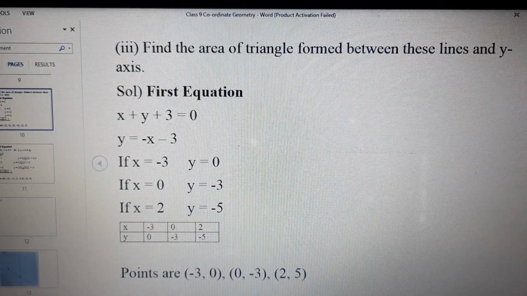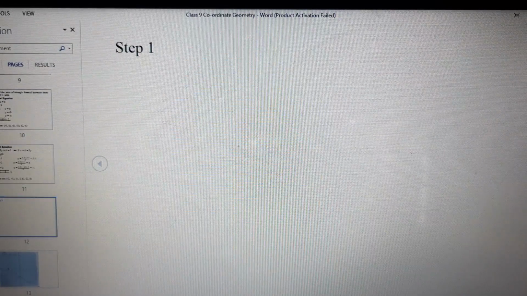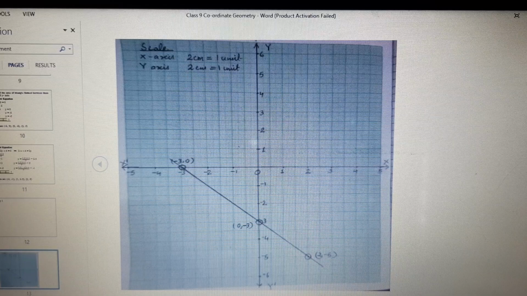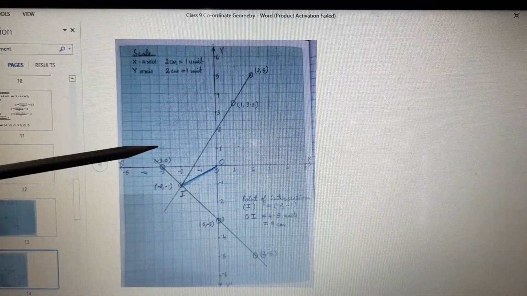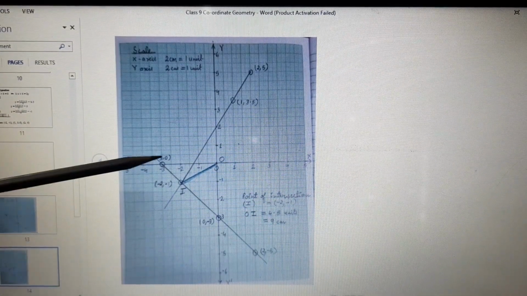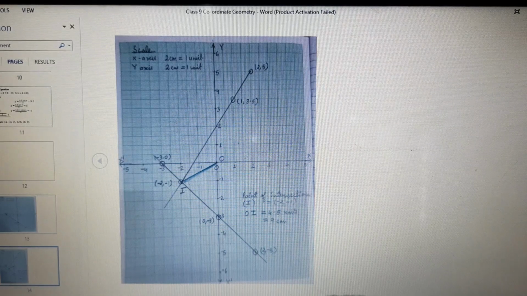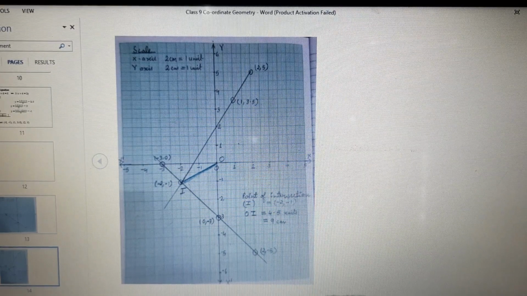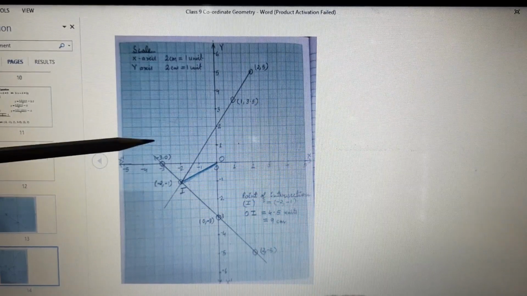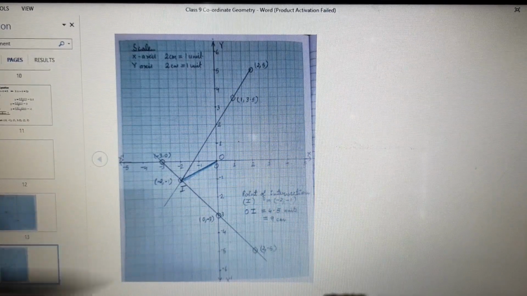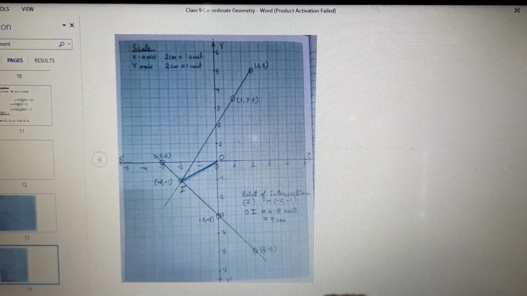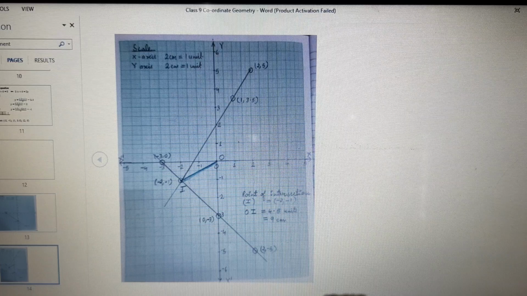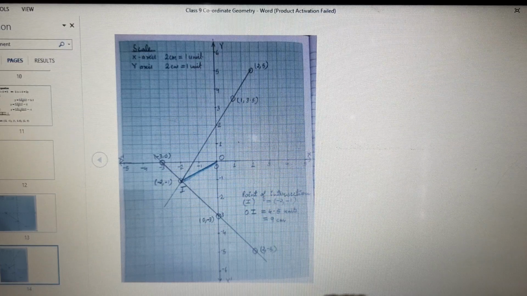And once you have done that, then you will plot all 3 points of the second equation and then you will join them. Why am I doing it on the same graph paper? Why have I shown only the points of equation number 1 and then joined all 3 points?